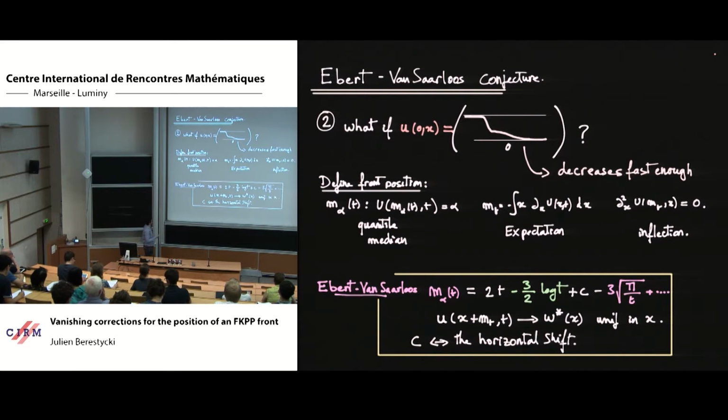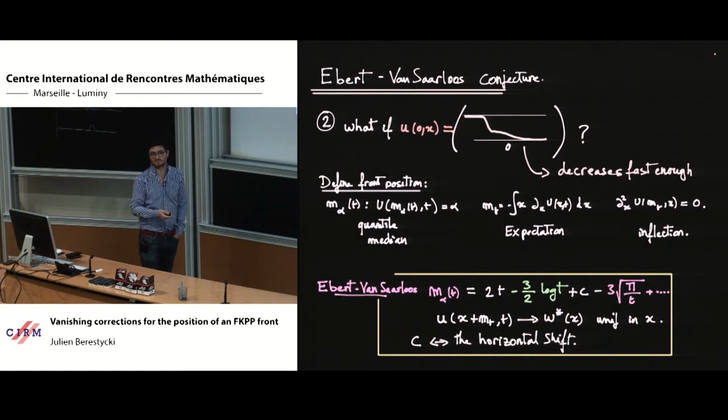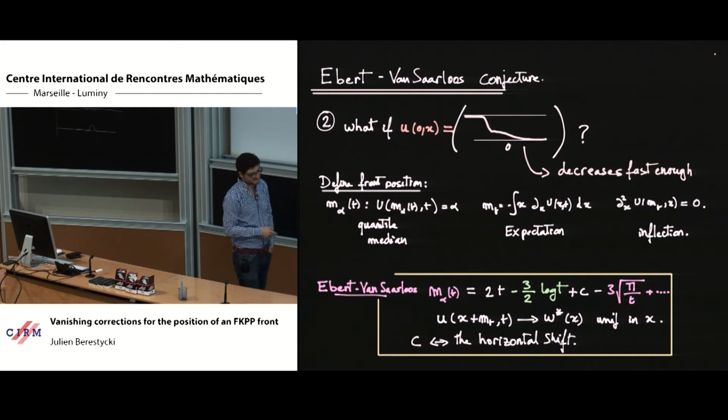Another thing you could do, still thinking of this as 1 minus the CDF of some distribution, is take the expectation of this distribution as your definition for the position of a front. And indeed, this is something you can do. This one is more problematic. If you look at what this W star looks like, it looks like there is a unique inflection point.